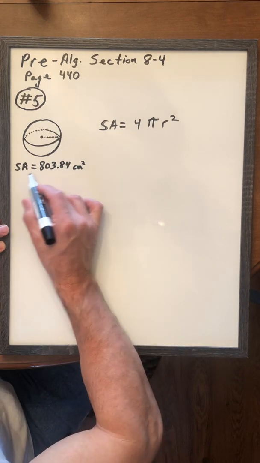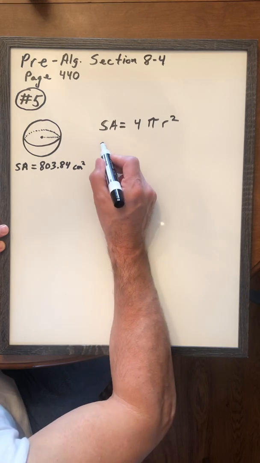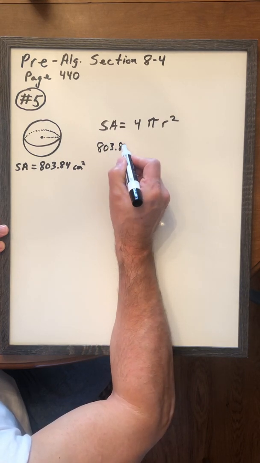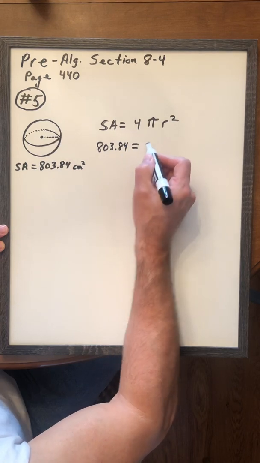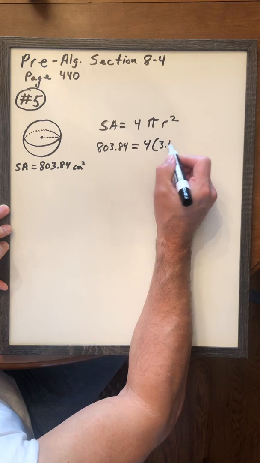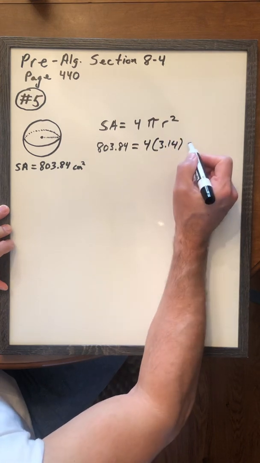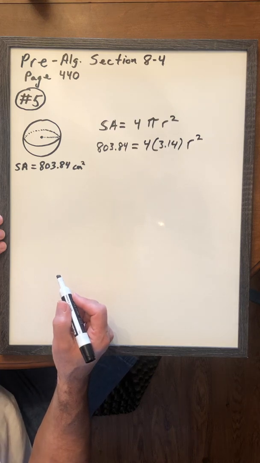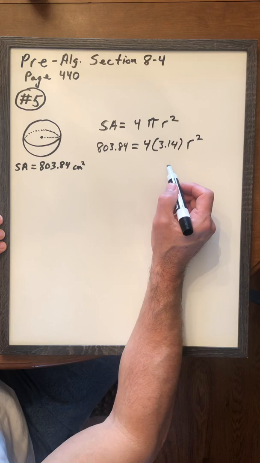And so I'm going to first of all plug in the surface area, that is 803.84 equals 4, and then I'm going to put in 3.14 for pi, and then I'm going to leave my r in there because that's what I'm trying to find, the radius. So we have r squared.